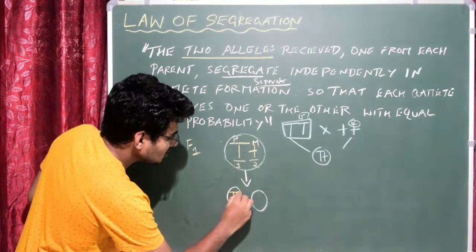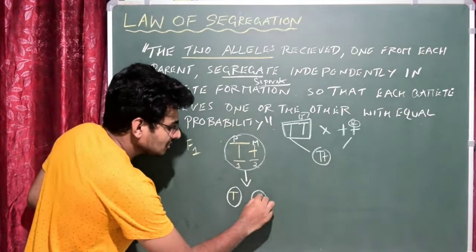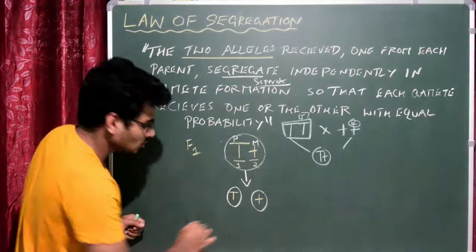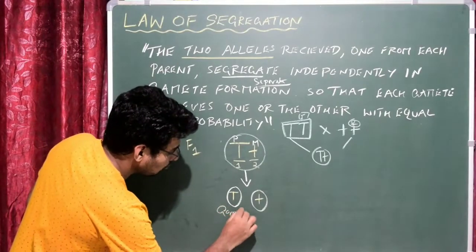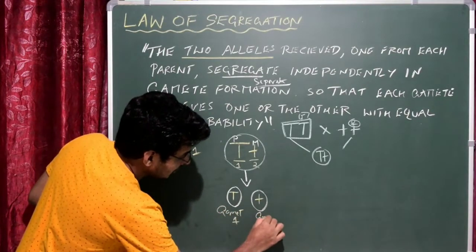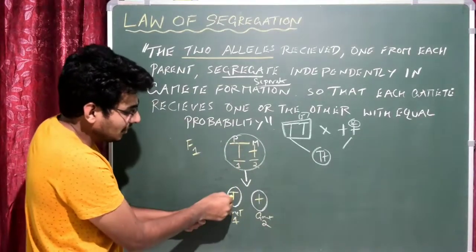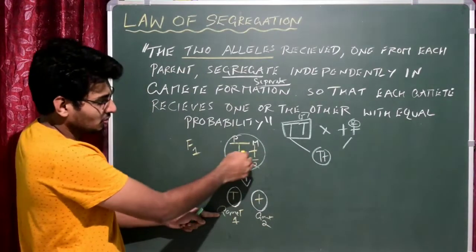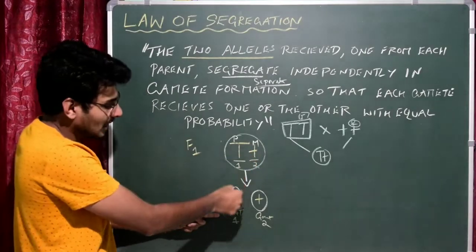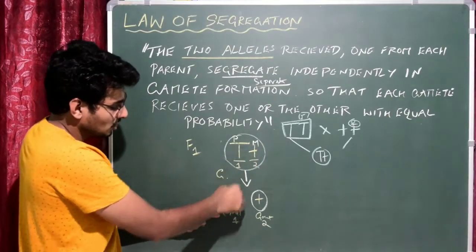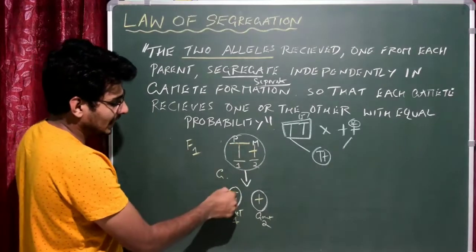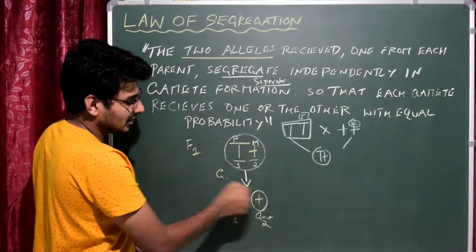One gamete will receive capital T, the other will receive small t. Let us name them gamete 1 and gamete 2. For gamete 1, capital T is there because the two separated during gamete formation. This is gametogenesis. During gamete formation, capital T entered here, whereas small t entered the other gamete.